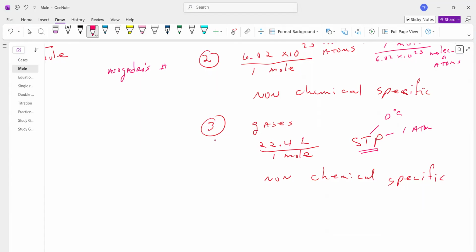Now, there are other standard temperatures and pressures in different units. For example, pascals for pressure or millimeters of mercury. There's a lot of different ways of measuring pressure. But in our class, it's going to be 1 atmosphere, 0 degrees centigrade.